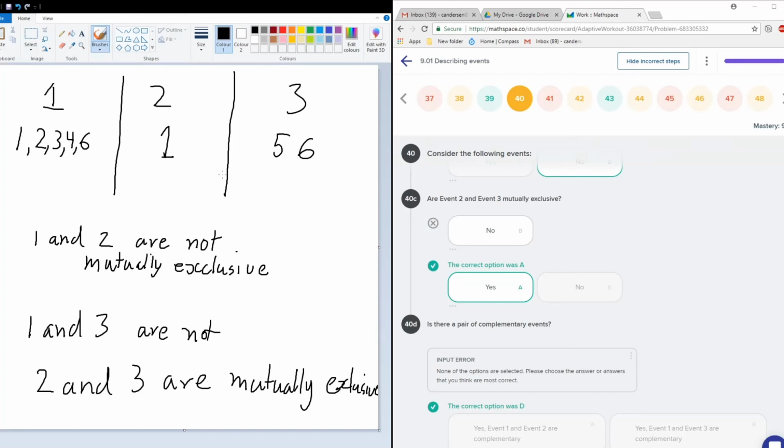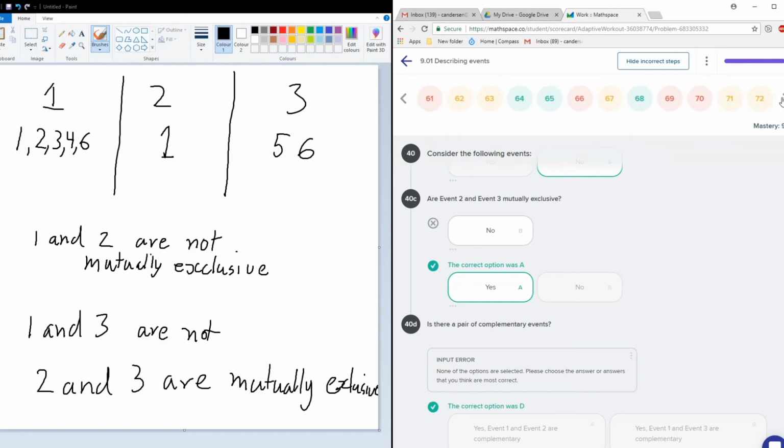We're missing numbers. We're missing 2, 3, and 4. So none of these are complementary. So none of these pairs are complementary, and only one pair is mutually exclusive.